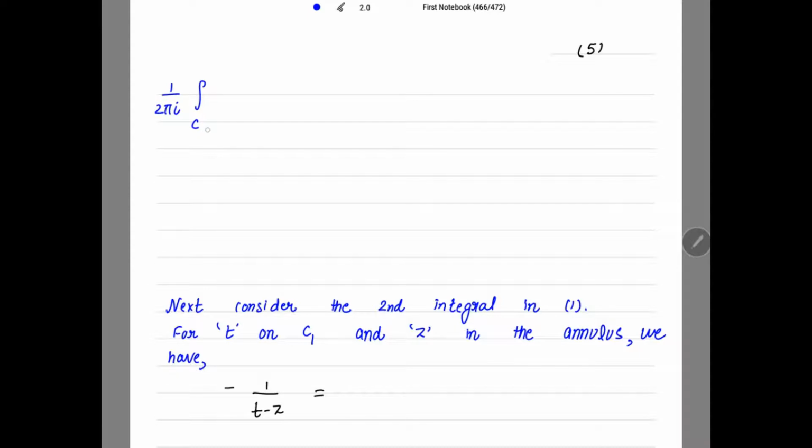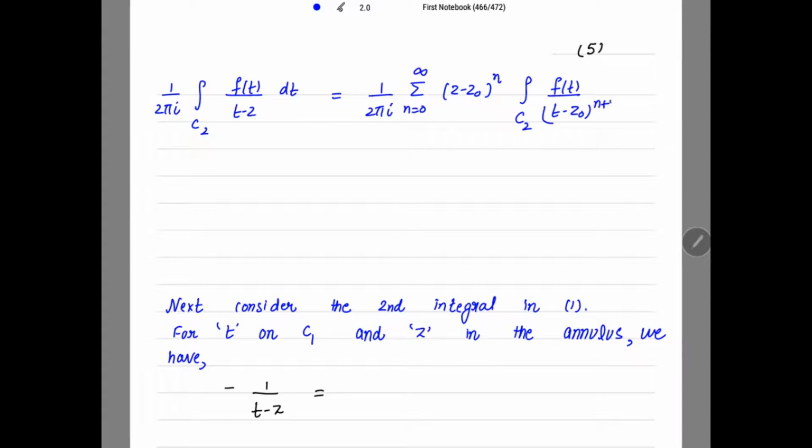Integral over C2 f of t over t minus z dt is equal to 1 over 2 pi i summation n going from 0 to infinity z minus z naught to the power n, and now integration over C2 f of t over t minus z naught to the power n plus 1 dt.